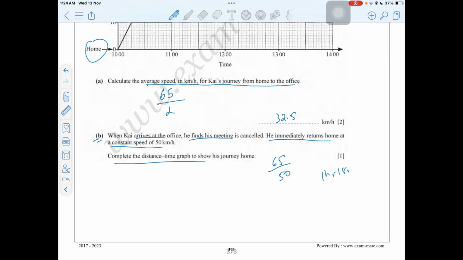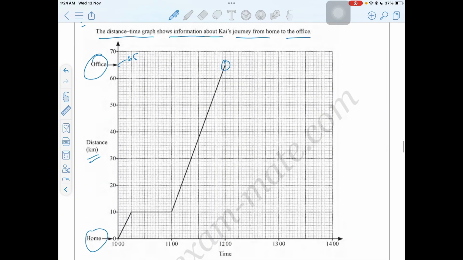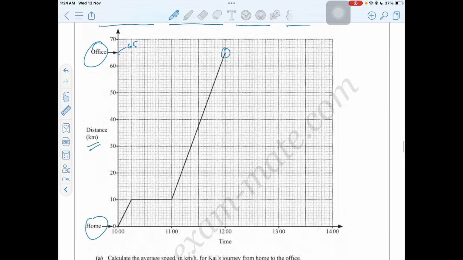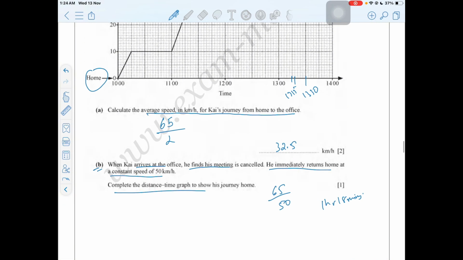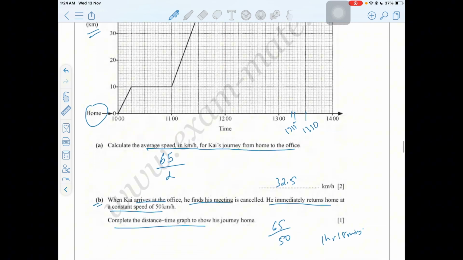1 hour, 18 minutes. So this would be 13 hours. This is 13 hours, 30 minutes, right? And this is 13 hours, 15 minutes. And this would be 13 hours, 18 minutes. And it has traveled at a constant speed, I guess.